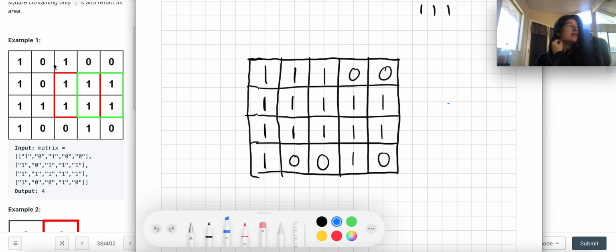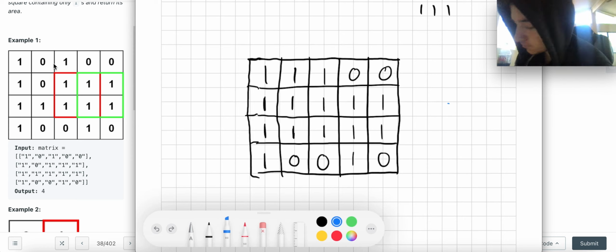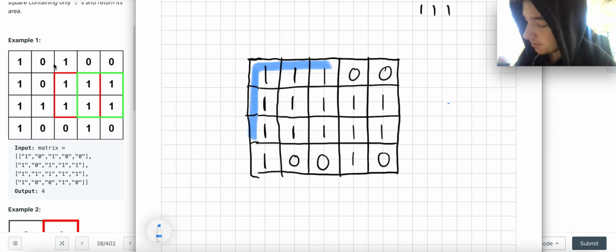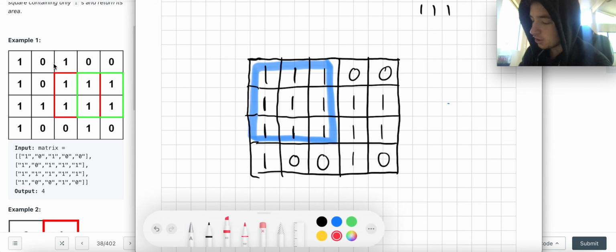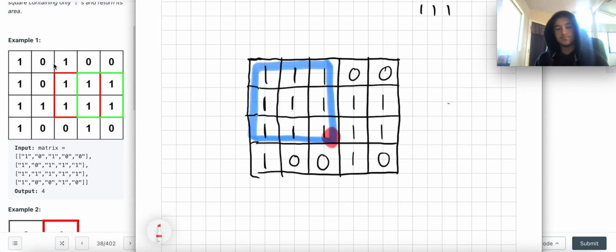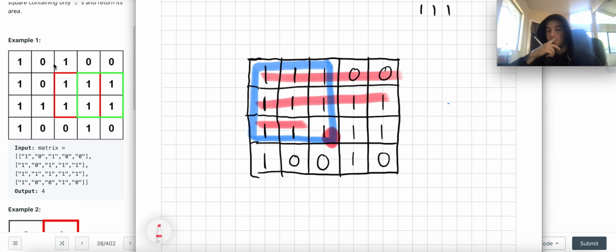I guess the key observation is, for this square, if we could look at this grid cell, and we've already looked at all these previous cells, can we just look at one cell and use information that we've gotten from looking at all the cells that are highlighted red and determine if a square exists here, right?